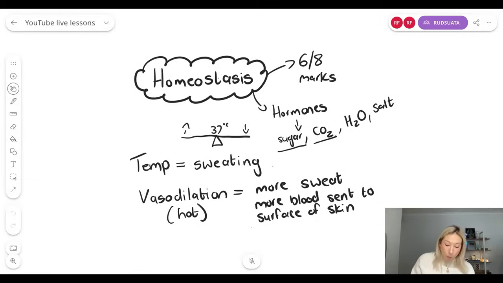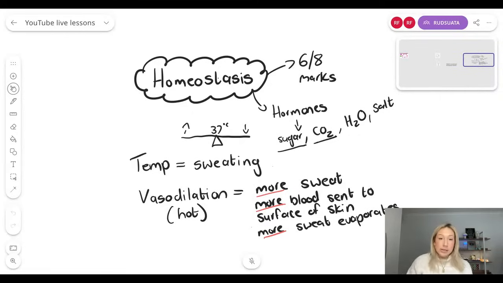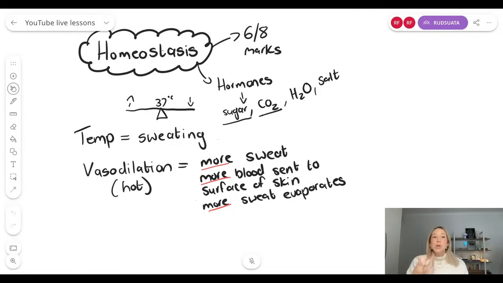No, more sweat evaporates. So, do you see what I'm getting at here? If you don't, and I'm just going to move this over a little bit so my picture is not covering it. If you don't use the word more every single time, then you're not going to get the mark.